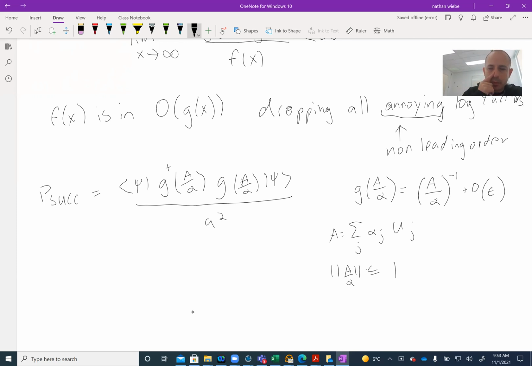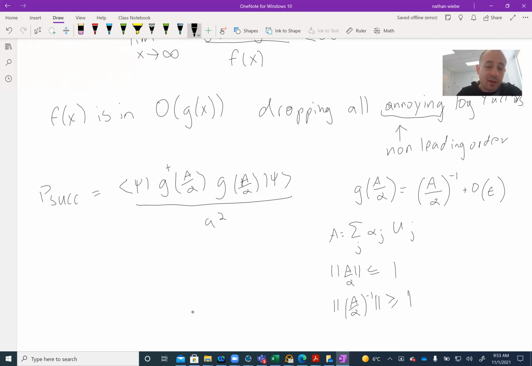And so what this implies is that the norm of A over alpha inverse has to be greater than or equal to 1, because essentially the norm, if you recall, is the largest eigenvalue of a matrix.